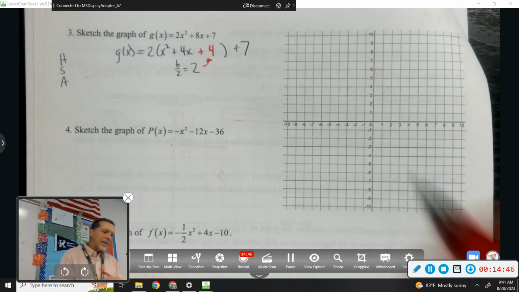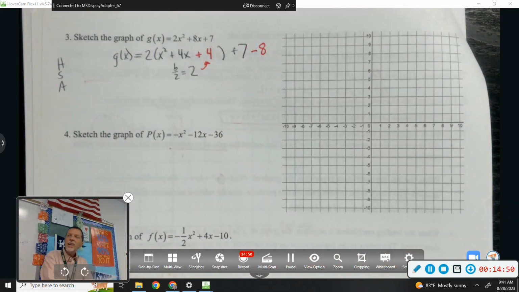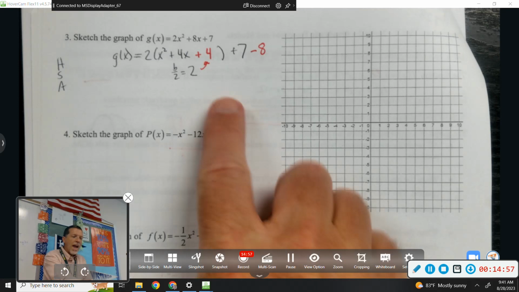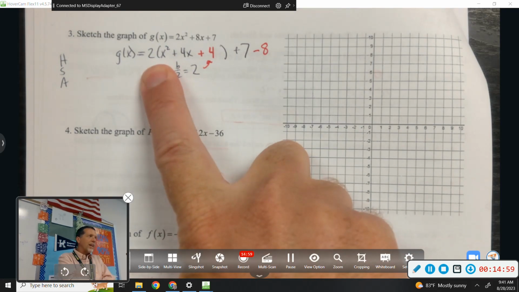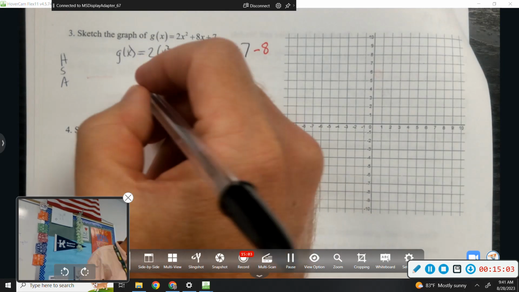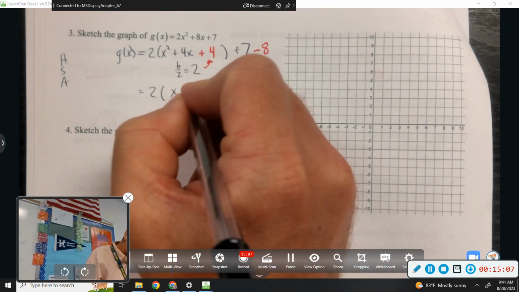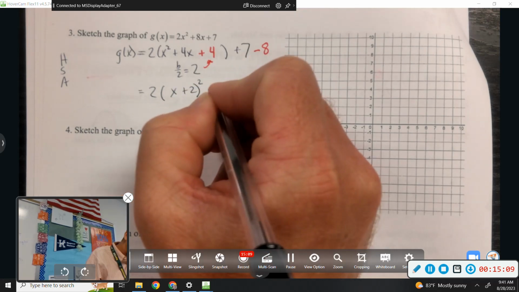And again, I hope it feels weird to write plus 4 minus 8 and convince yourself that you didn't change the equation when you added 4 and subtracted 8. You didn't really add 4. You wrote plus 4, but you really added 8. So always be careful if there's a number out front. 2 times x plus 2 squared minus 1.